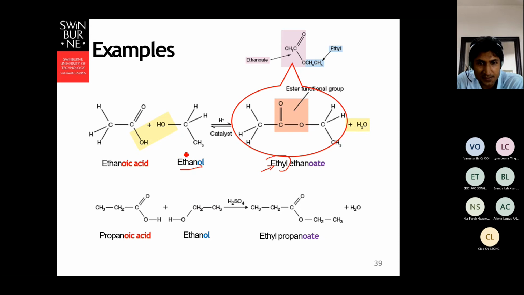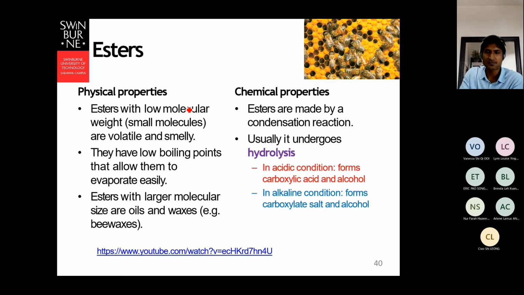This ethyl part comes from ethanol. So ethyl ethanoate, with OATE added at the end of the name. Propanoic acid and ethanol produce ethyl propanoate. It's very easy. The same structure, everything remains the same. This hydroxyl and this hydrogen go away. The oxygen is attached instead of this hydroxyl. So ethyl ethanoate will be produced.